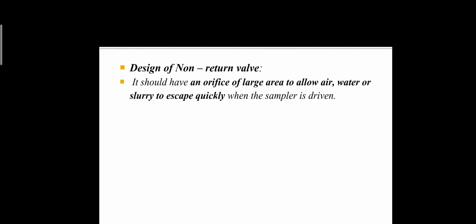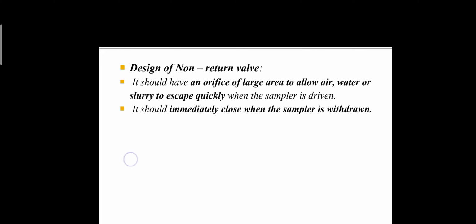Instead of coming inside the sampler, it may go outside of the sampler. To avoid all these risky problems, we have non-return valves. The non-return valves or the ball valves will allow the water, air and slurry to escape quickly.